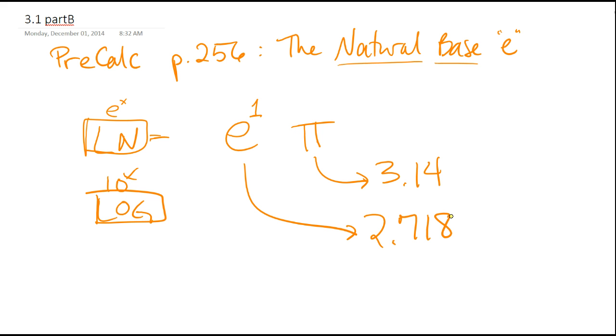The official formula for e is a little harder to swallow. We say that e is the limit of this function, 1 plus 1 over x to the x, as x approaches infinity. So the bigger numbers you put in here, say 1 over 1 million, 1 plus that will be 1 and 1 millionth to the 1 millionth power.